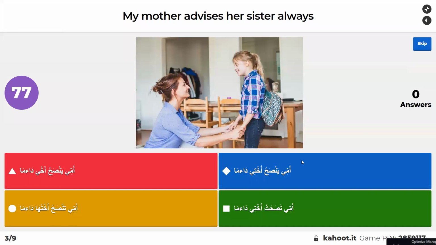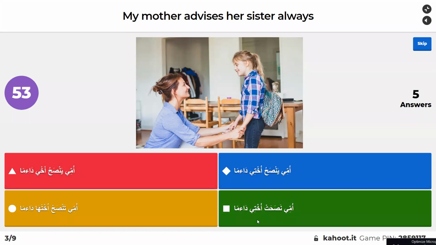Blue: Ummi yansahu ukhti da'iman. Red: Ummi yansahu akhi da'iman. Green: Ummi nasahat ukhti da'iman.